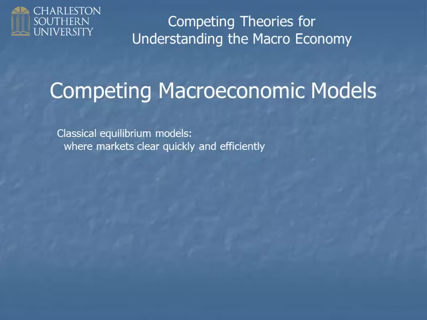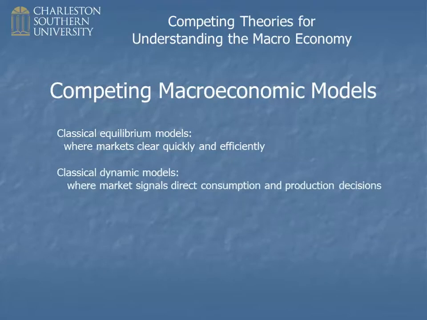The first type is classical equilibrium models, and in these models markets clear really quickly and efficiently, and oftentimes because of these assumptions the best course of action is to just wait and let the markets do what they need to do.